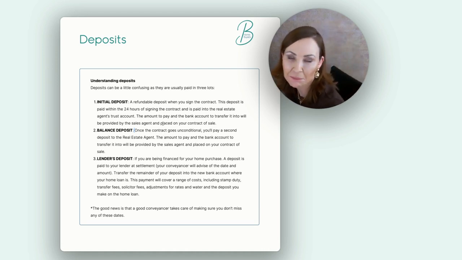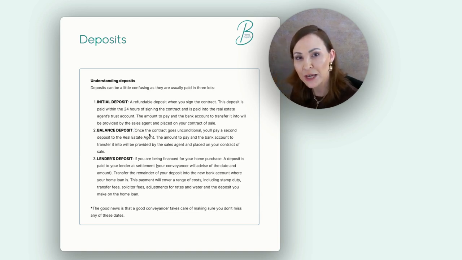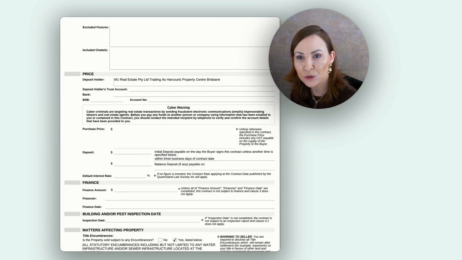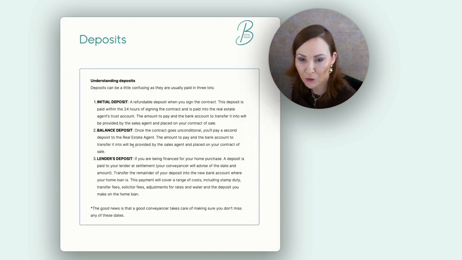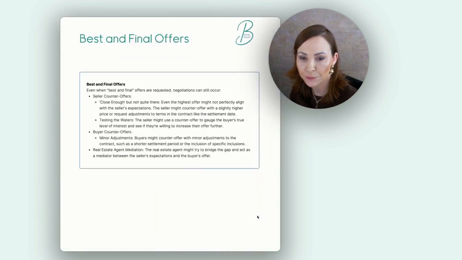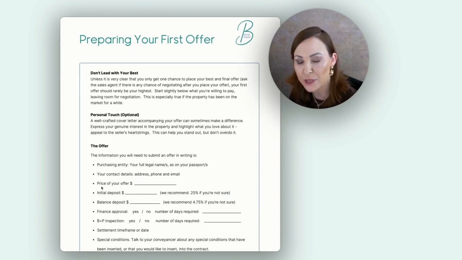So you're like, okay, well, how do I know which is which? You can let the real estate agent fill that in the contract for you. You can let your conveyancer fill that in the contract for you, or you can fill it in yourself. If you need help to fill it in yourself, in this workbook that we're currently in, if I was to fast forward you all the way to the bottom of the jar, we make up a worksheet for you so that you can say the price of your offer, the initial deposit and the balance deposit.